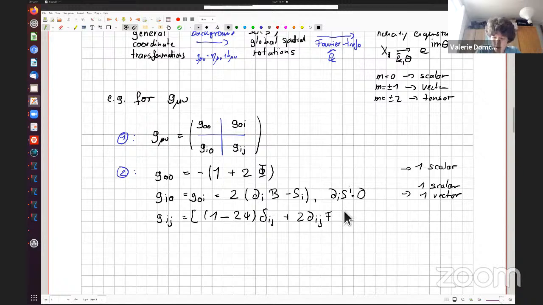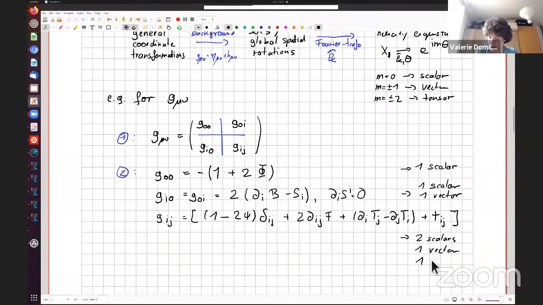And another way is by adding one derivative and one vector, so for example, like this, T_j, again, we have to make it symmetric. Or we can add an object which is already by itself a tensor perturbation. So here we have now 2 scalars, this is the psi here and the f. We have one vector, this is the capital T_i here. And we have one tensor, this is this T_ij.